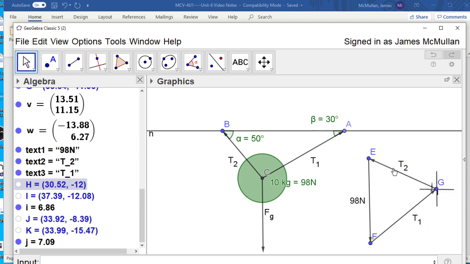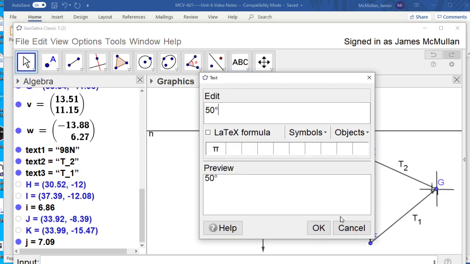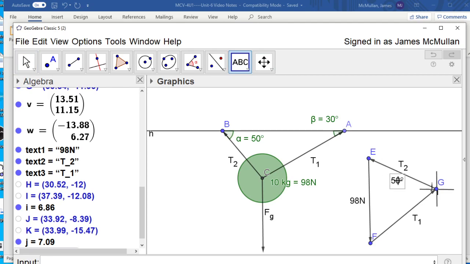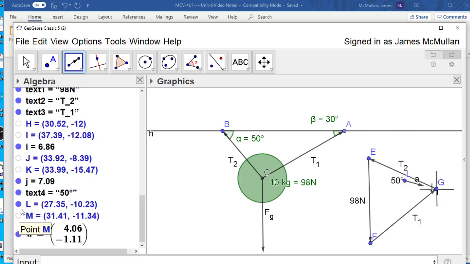Okay, so look closely at T2. T2 makes an angle of 50 degrees with the horizontal, so according to my Z pattern, it must make an angle of 50 degrees down here. That means 50 degrees can go right there, that little spot.